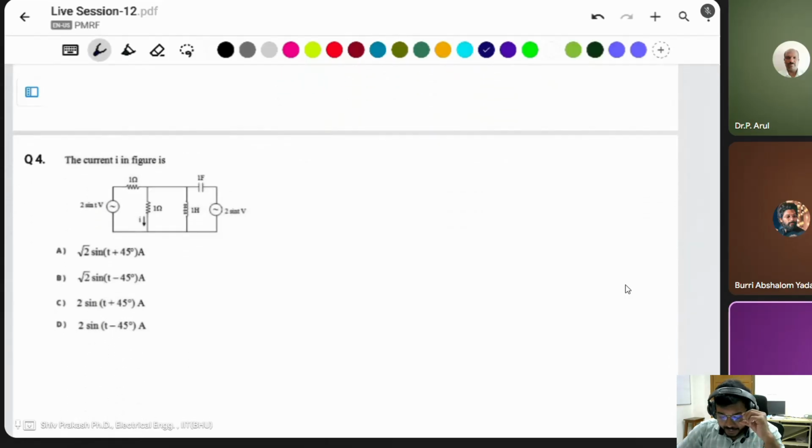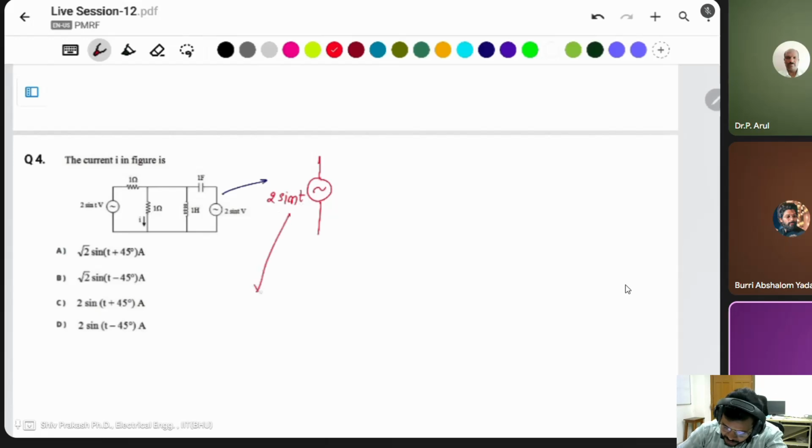Next question: the current I in the figure is... A simple AC circuit, find the current. Okay, this circuit, 2 sin t.